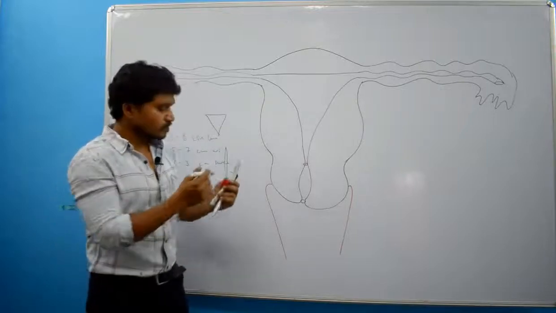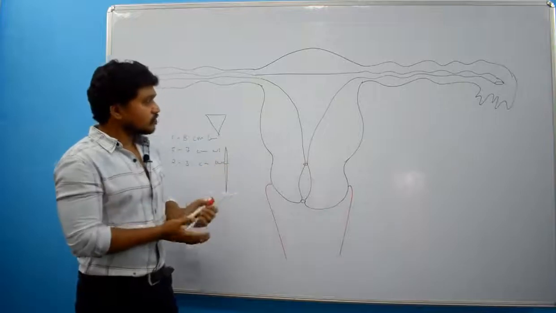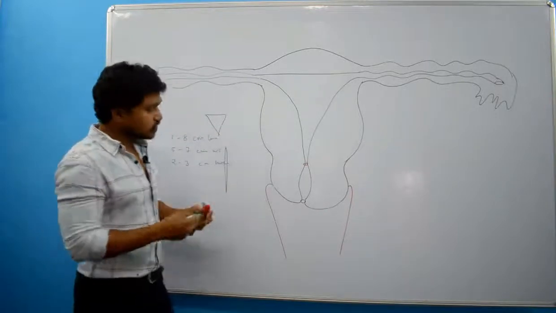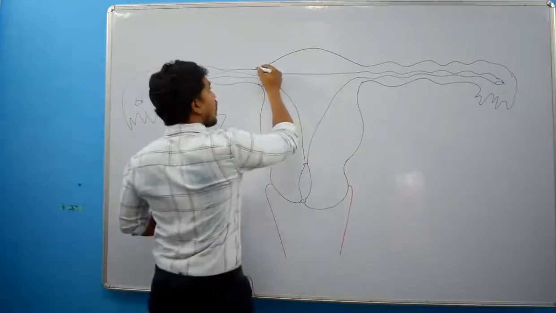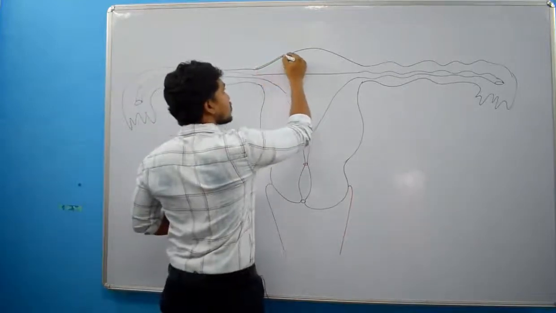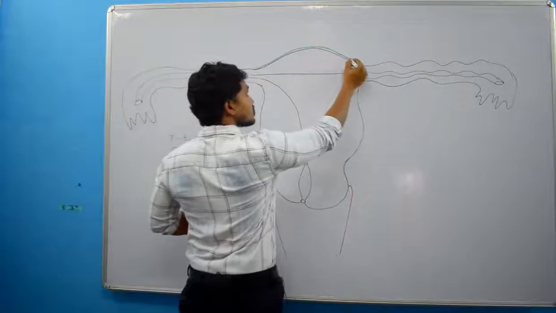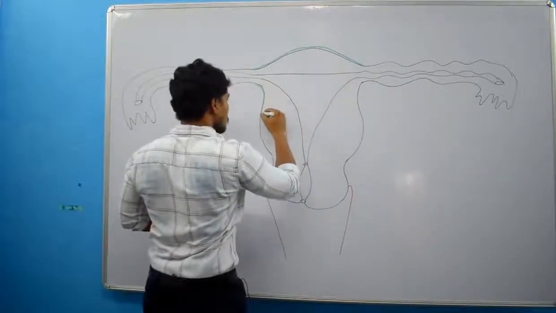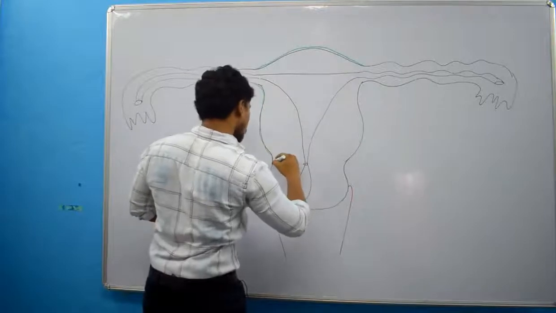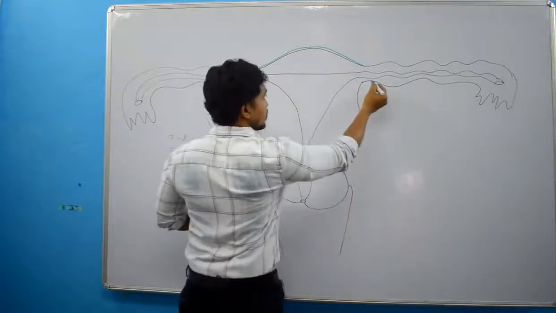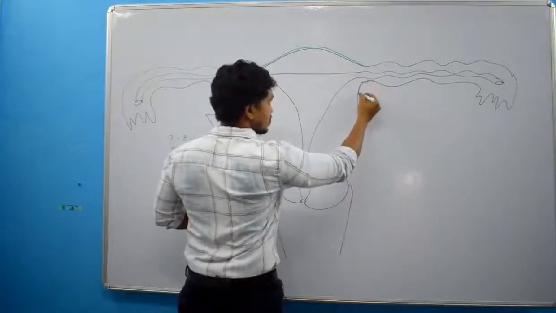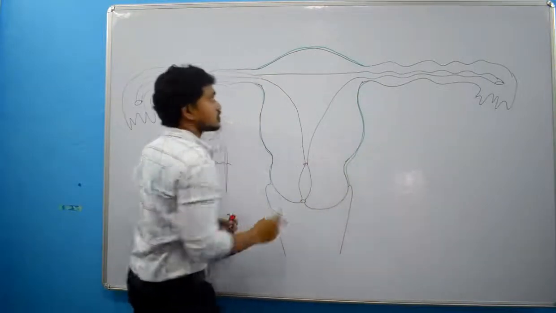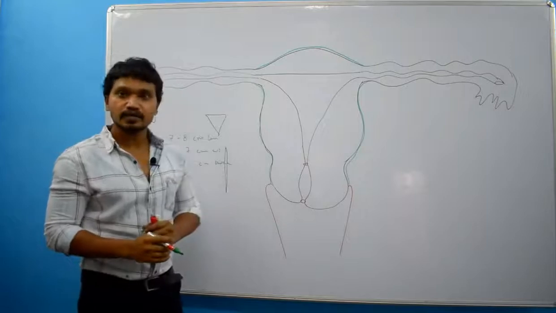Then if you observe the layers of the uterus, the uterus has an outer peritoneal covering or peritoneal layer, which we call the perimetrium.